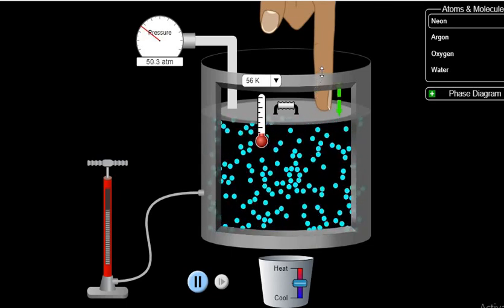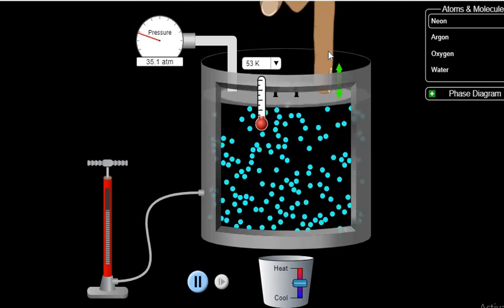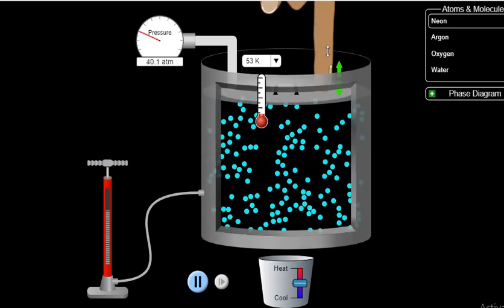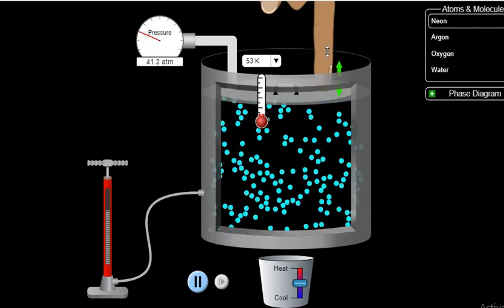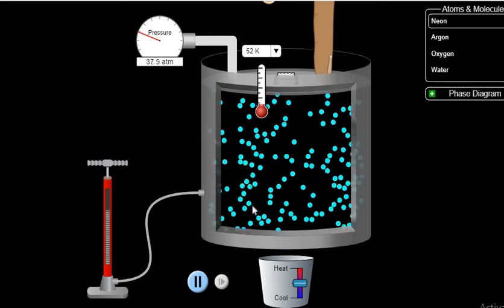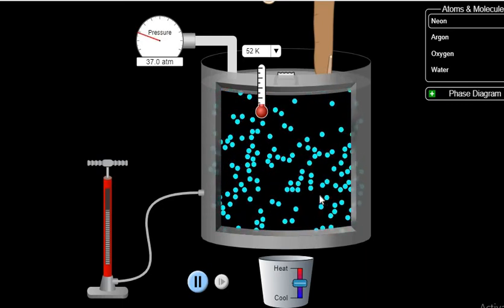Now again I will decrease the volume and look at it. The volume increases and all this liquid particle occupies all the space inside the syringe.